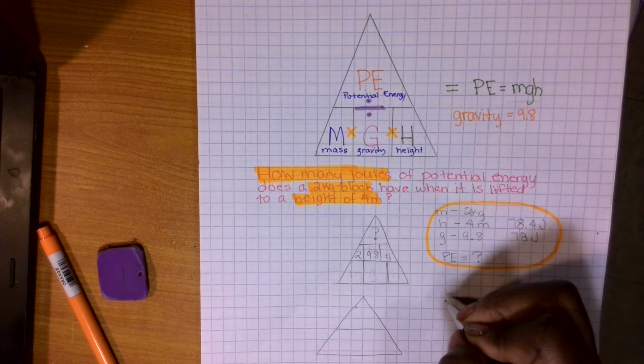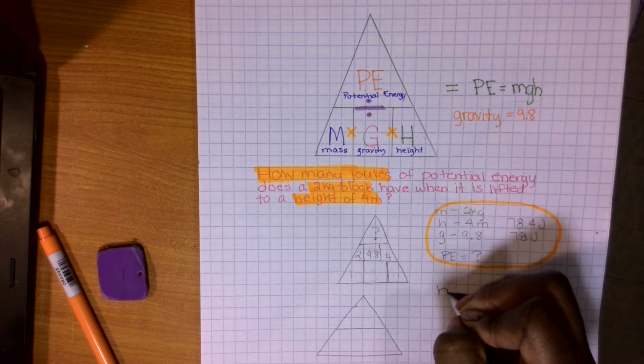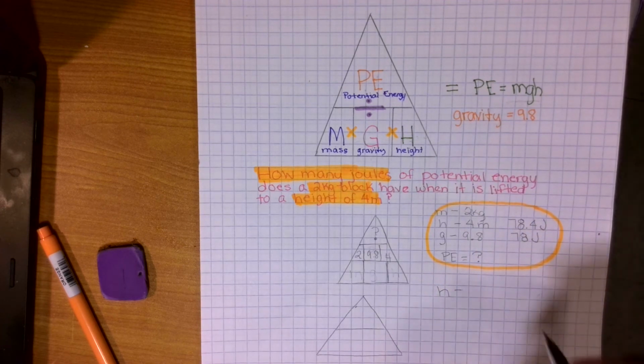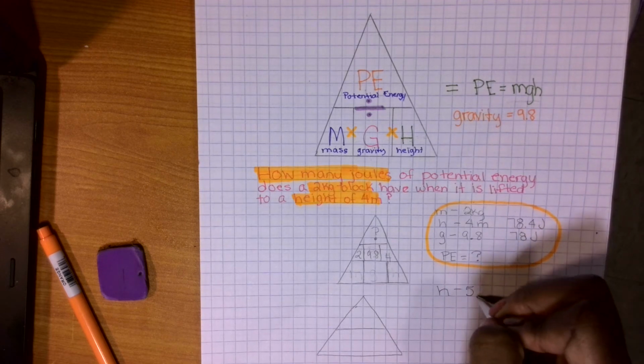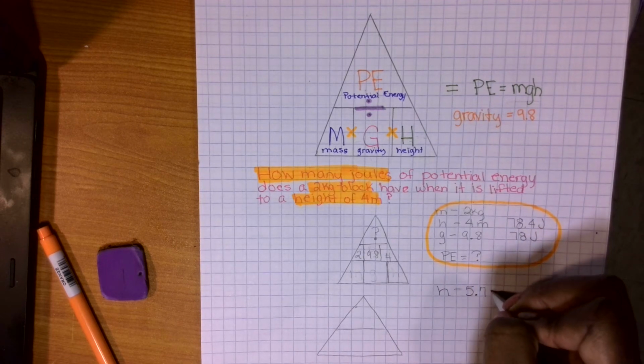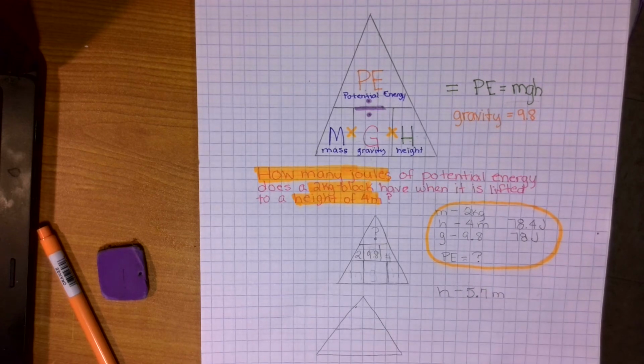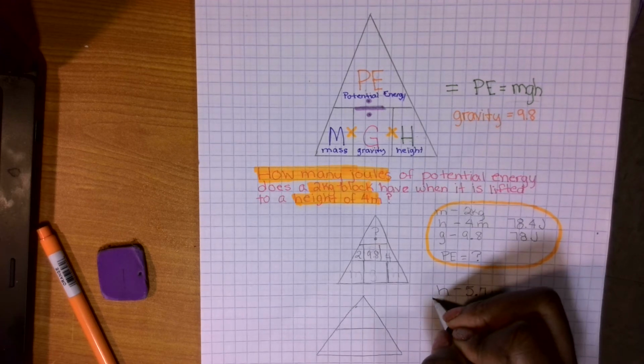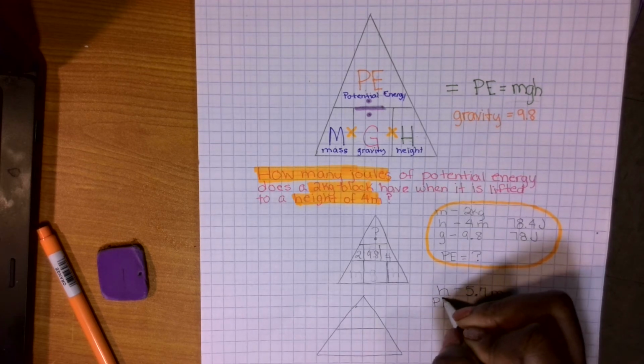In this problem, our height is given, and that is 5.7 meters. Also, if it has an energy of 4,360 joules, we know that joules means that that's potential energy. So we're going to go ahead and write down our potential energy is given.